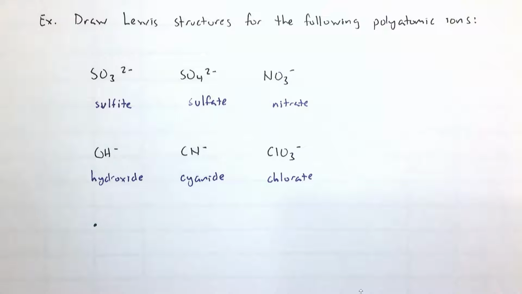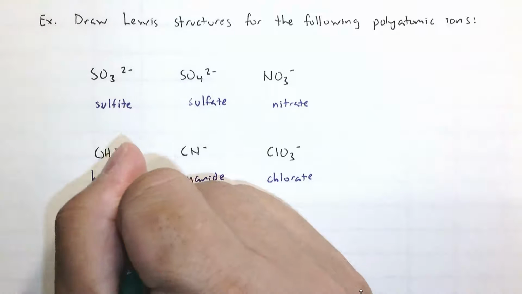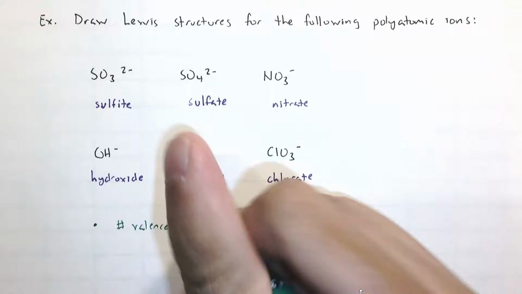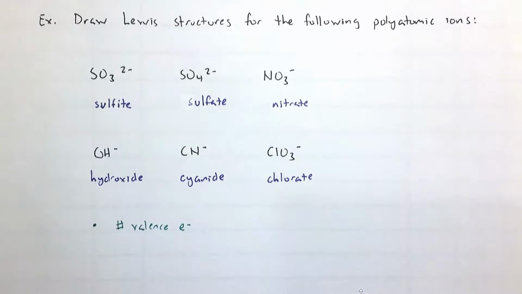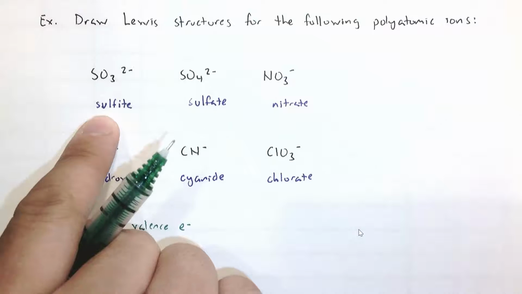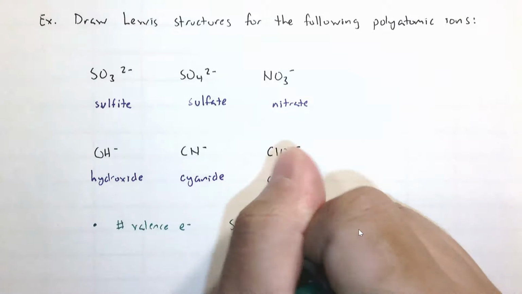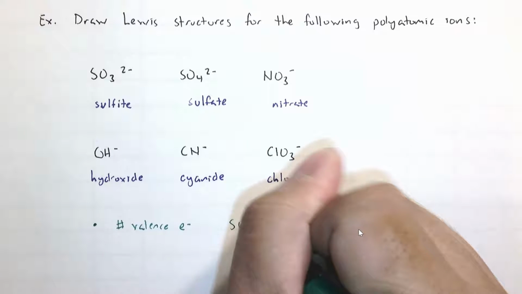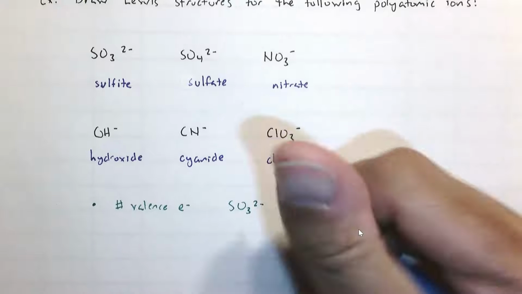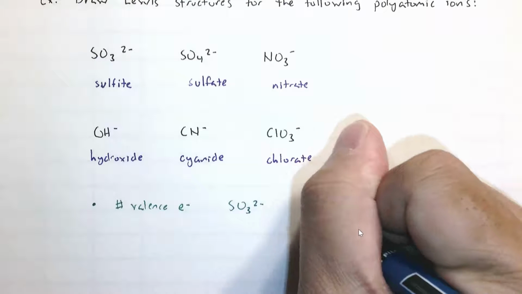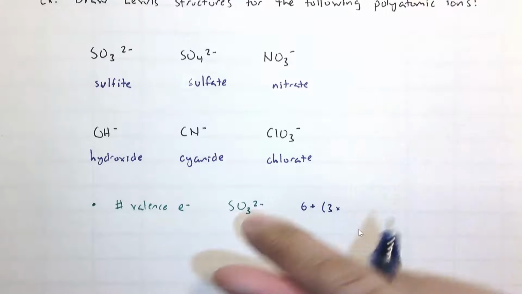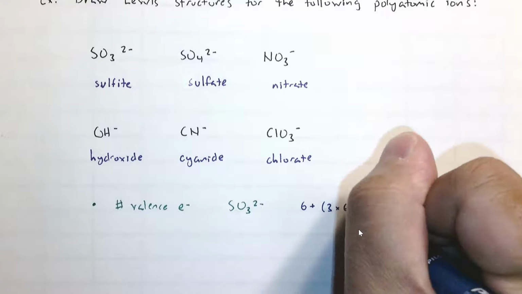When you count the number of valence electrons, be sure to account for the charge. So, for instance, if I look at sulfite, SO3 2-, what I'm really showing is that there's 1 sulfur, which has 6 valence electrons, 3 oxygens, so I'll put here 3 times, oxygen also has 6 valence electrons.